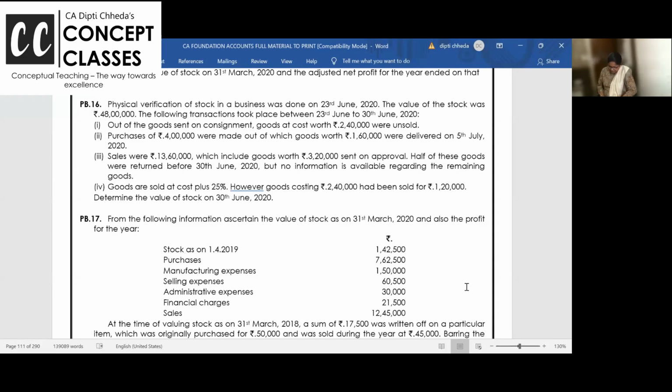So, yes, chalo. Let us begin now. 16th problem we are doing.